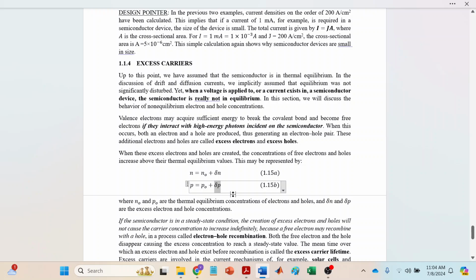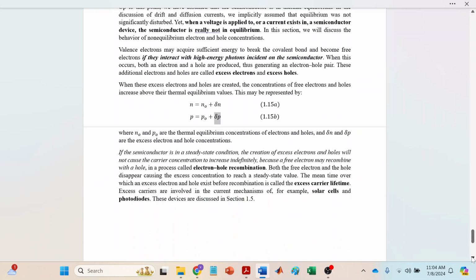If the semiconductor is in steady state equilibrium, then the creation of holes and electrons will not cause the carrier concentration to increase indefinitely, because the free electrons may recombine with the holes in what we call electron-hole recombination. So when they recombine in steady state equilibrium, they will not cause a sufficient increase in the number of electrons or holes.